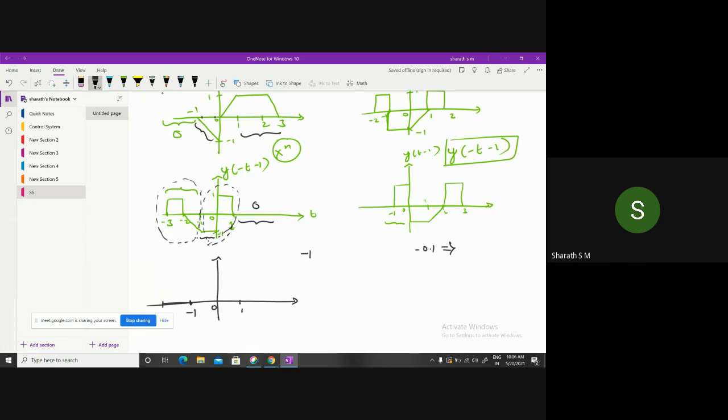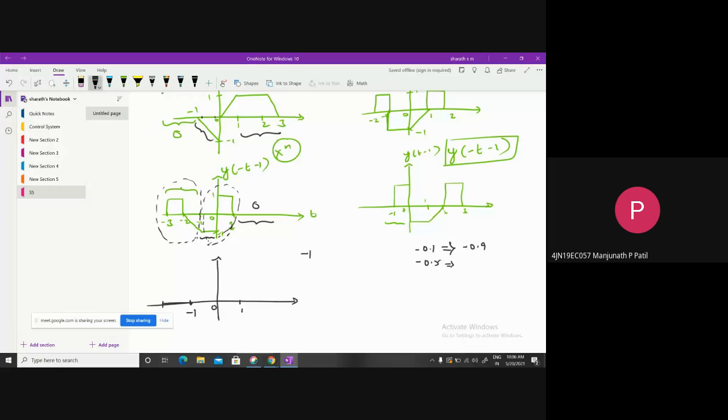At -0.5, what is the amplitude level? -0.5. That is just the slope, it is the same at every point. At -0.9, we have an amplitude level of -0.1.